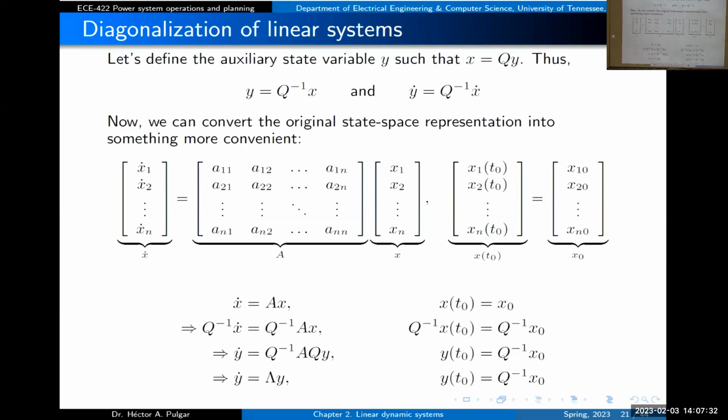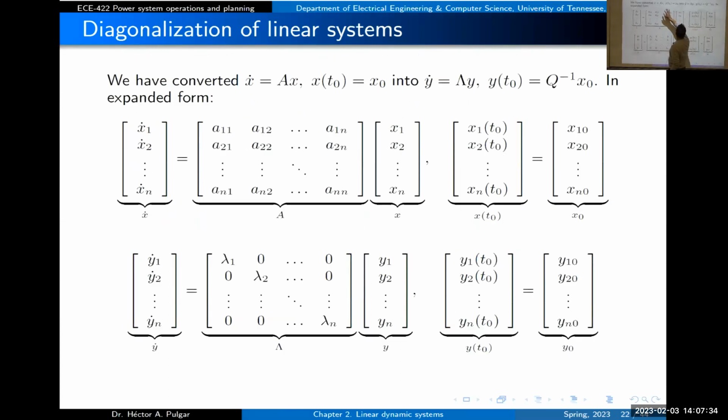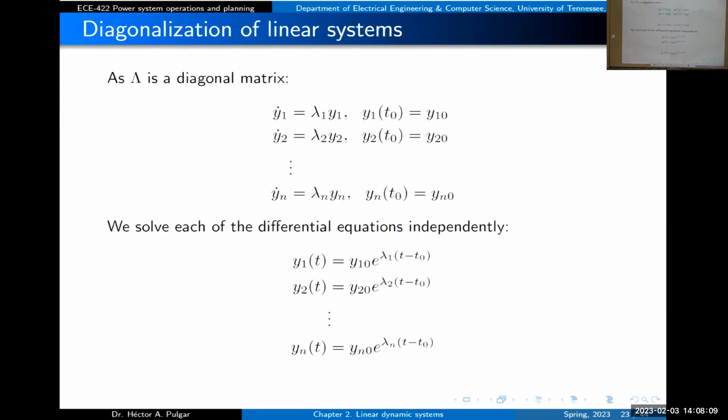So in summary, we are using the definition we proposed, x equal to Qy, and converting this system into this. In expanded form, this is the original system. State variables are all coupled. The derivative of each state variable depends on a combination of the other state variables. But when we transform these, we obtain this decoupled system because the system matrix is now diagonal.